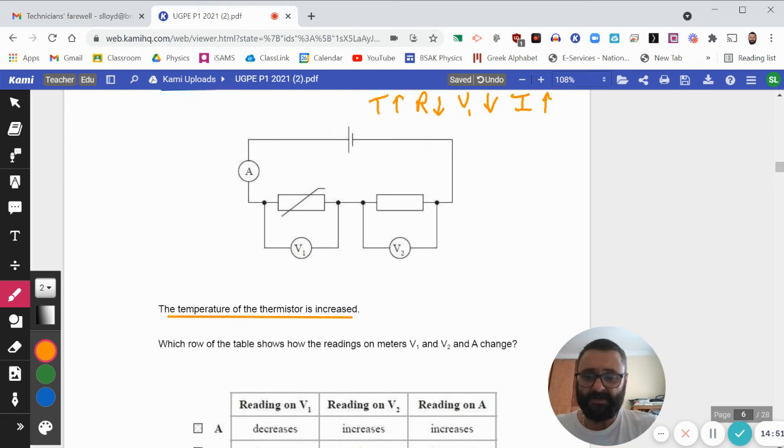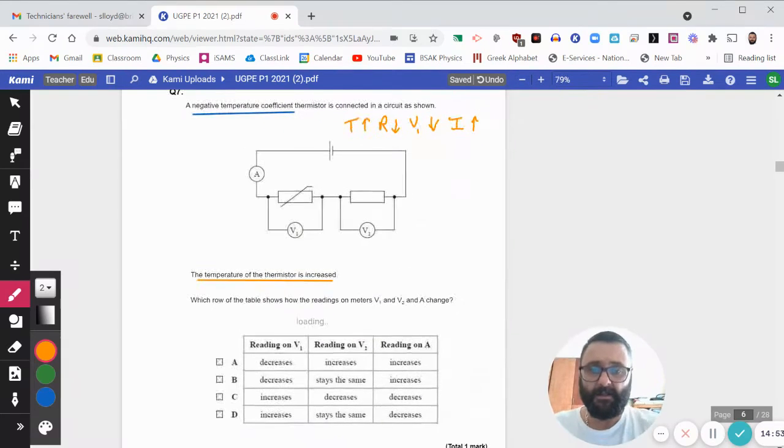So it's saying, which table shows how the quantities change? So what do we got? Reading on V1, that goes down, doesn't it? So we've got to be on A or B. Right, I'll start again.